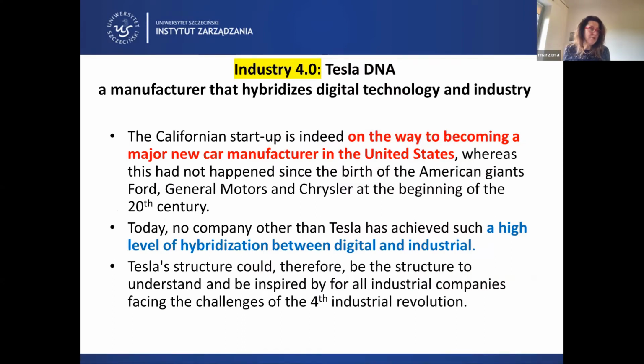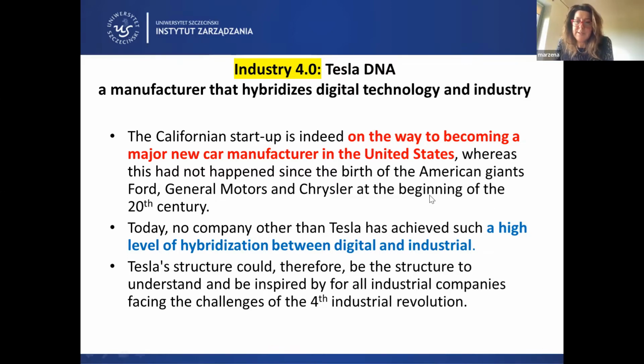So Tesla is not the biggest car manufacturing company in the United States, but we can say that Tesla is on the way to becoming the automotive leader, because they have a higher level of hybridization between digital and industrial, and we can see that Tesla inspires a lot of people, also industrial companies and automotive companies.